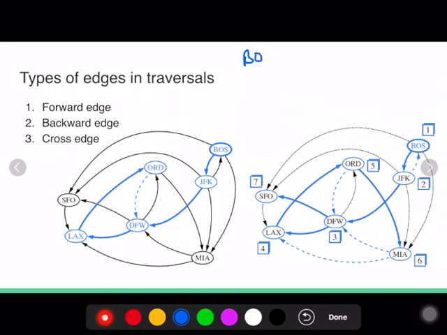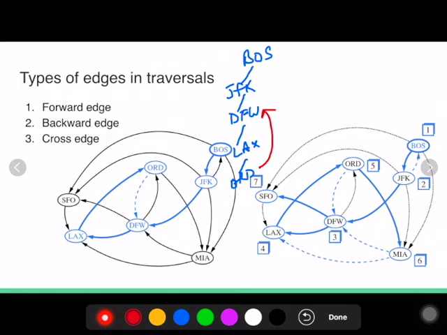So suppose I started from BOS, from there I visited JFK, and from there I traveled to DFW, and from there I traveled to LAX, and from there I traveled to ORD, and from ORD there is an edge that can go back to DFW.